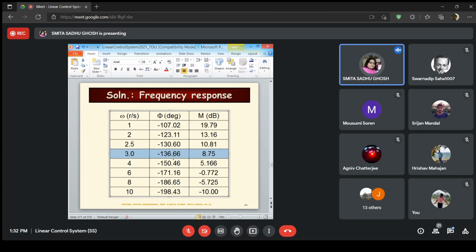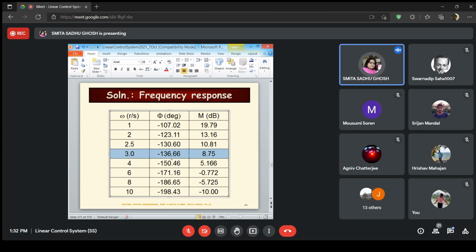So by using the lag compensator, this phase value is going to become more negative, meaning the phase margin is going to be even less. So again, for 3 radians per second, I cannot use a lag compensator, because ultimately I want 45 degrees of phase margin, meaning I want a phase of minus 135.